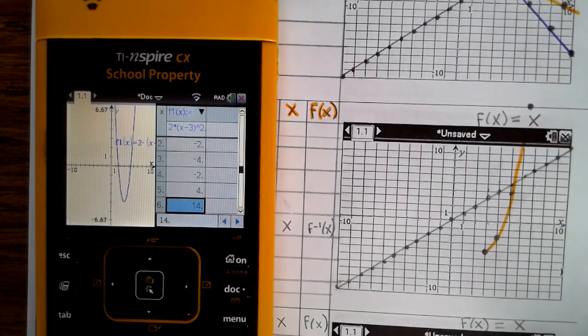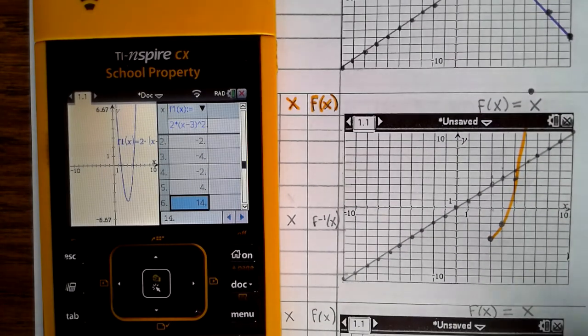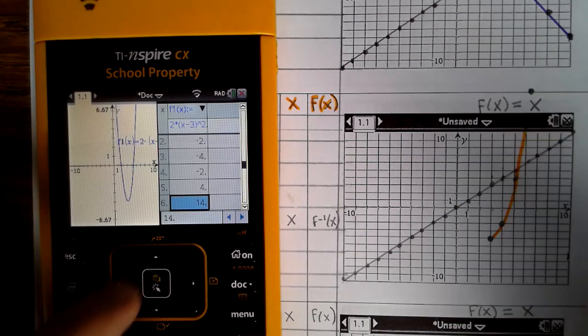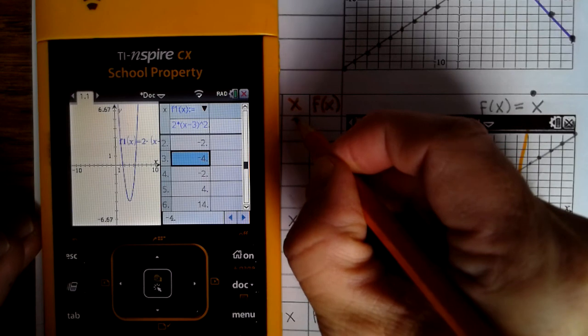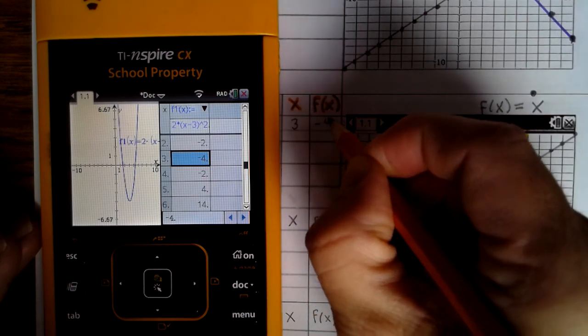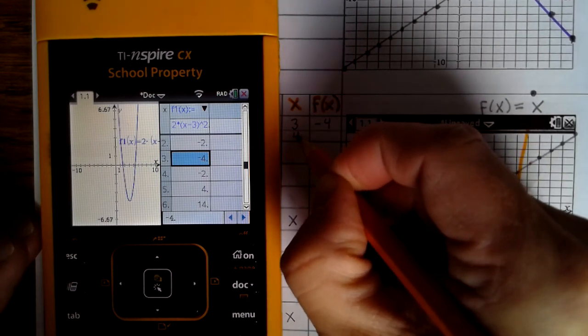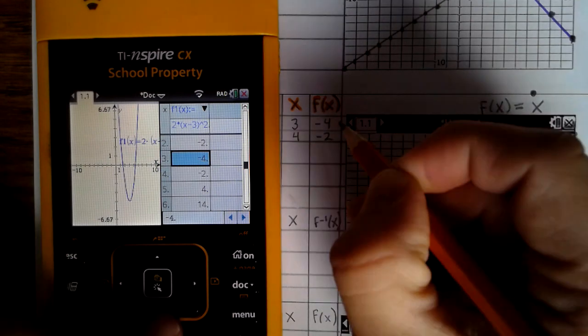All right. And the reason why I had points, and I probably should have written down, so let me come back up here. So 3, negative 4. 4, negative 2. 5, 4, and 6, 14.